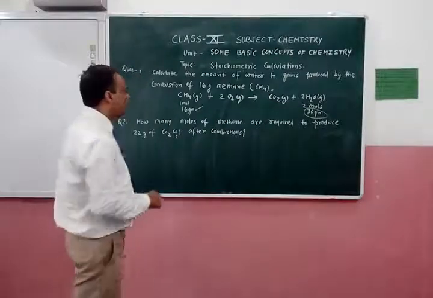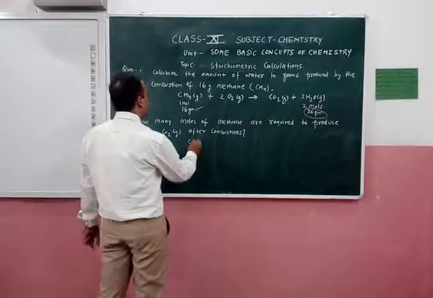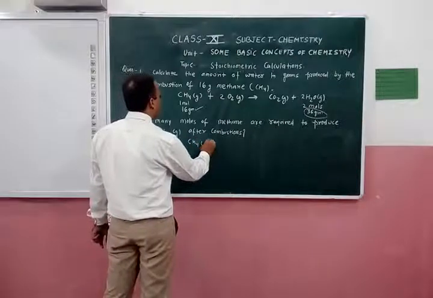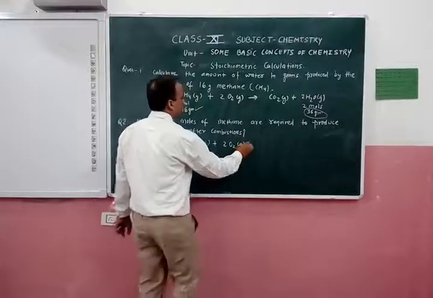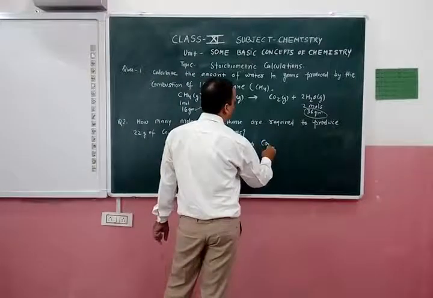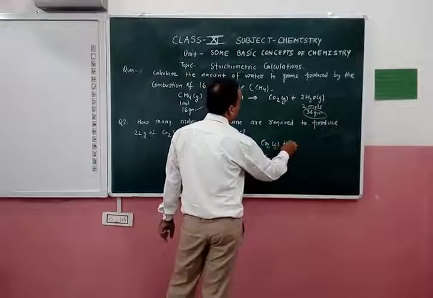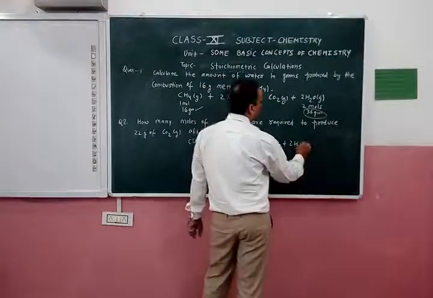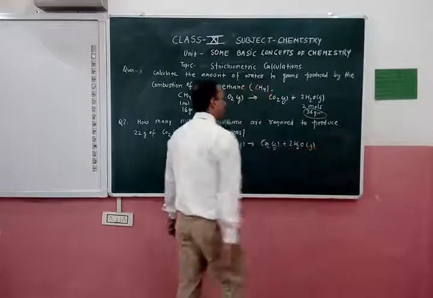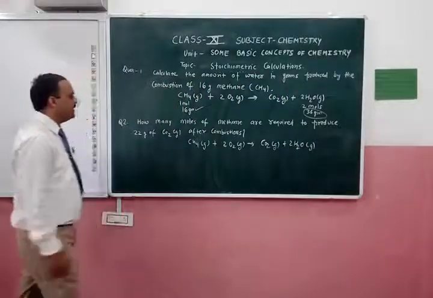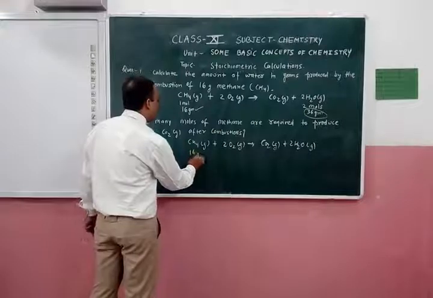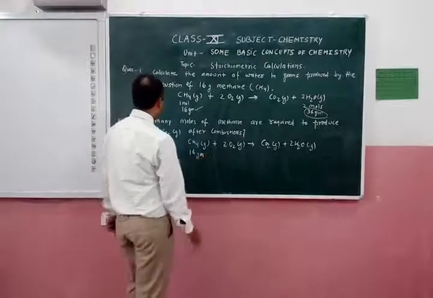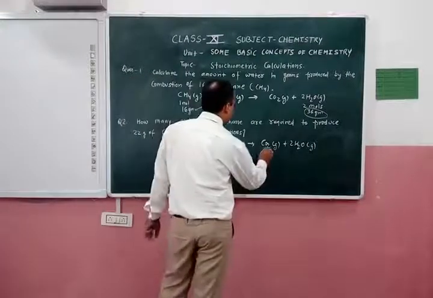We again write this equation: CH4 plus 2O2 gives CO2 plus 2H2O.